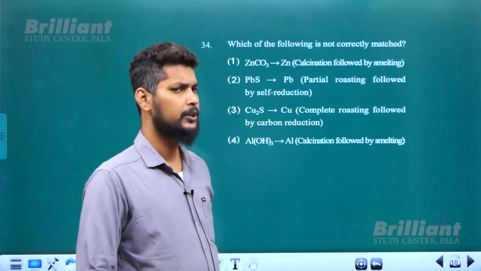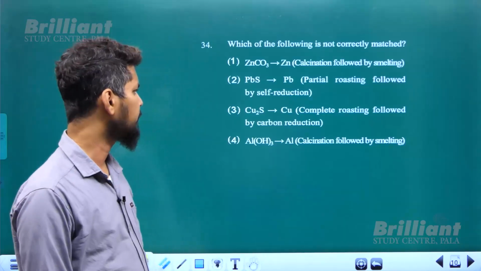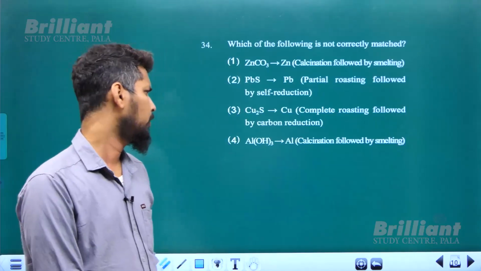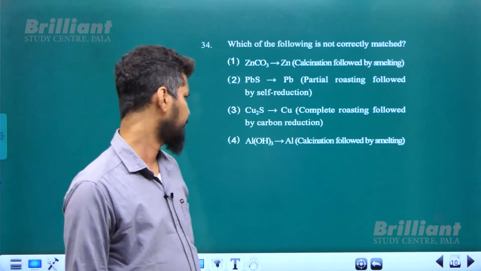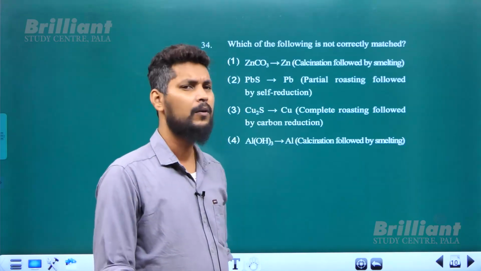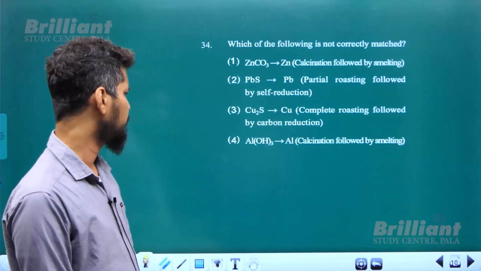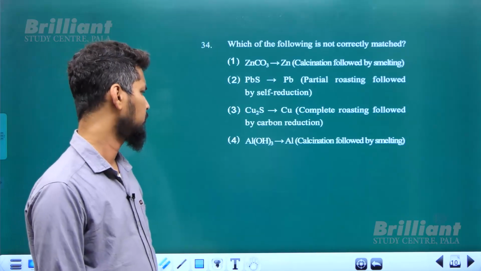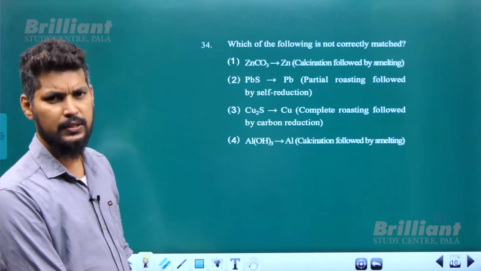Copper sulfide is reduced by carbon reduction, and before that roasting is done. I think aluminum hydroxide is basically leached in the Mond process. So I feel the correct answer is option 4, which is not correctly matched.